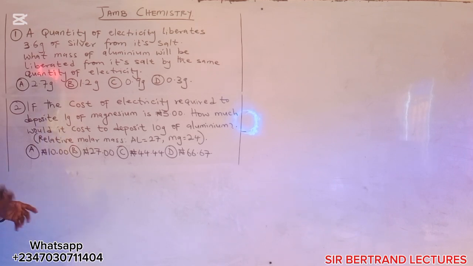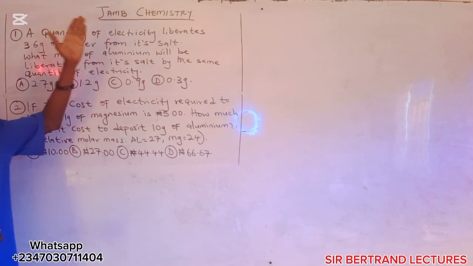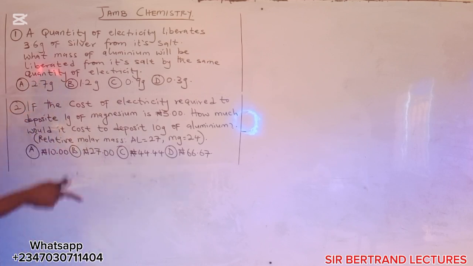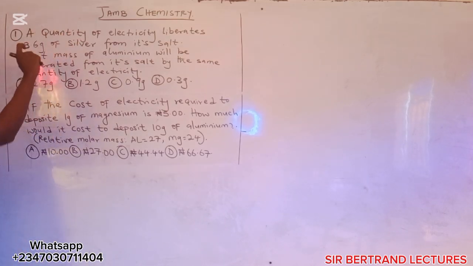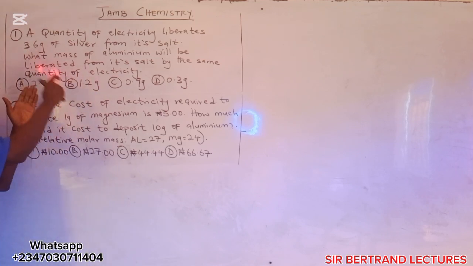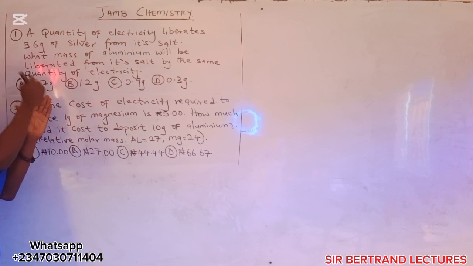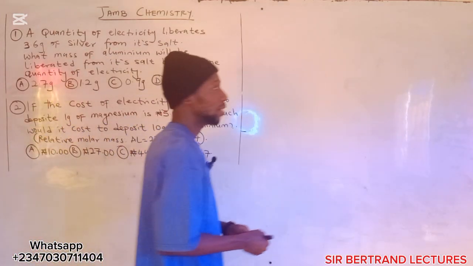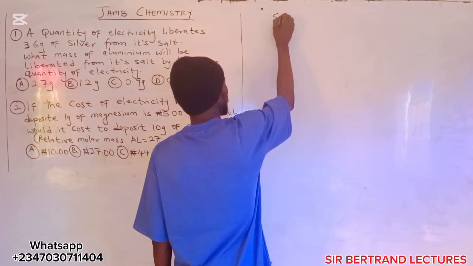We are going to solve for the quantity of electricity that will liberate 3.6 grams of silver from its source. Then we will use that quantity of electricity to solve for the mass of aluminium that will be liberated by the same quantity of electricity. Now let's solve it here.